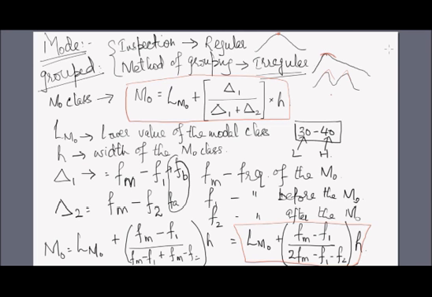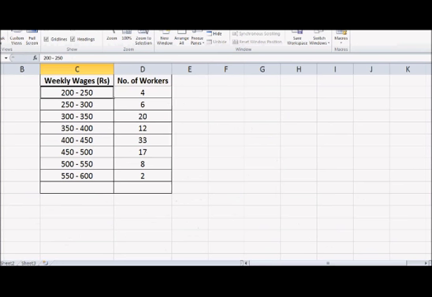Okay, alright, so now let's take a numerical problem and practice with grouped frequency distribution. Well, here we have a data where the weekly wages of a certain number of workers are given.